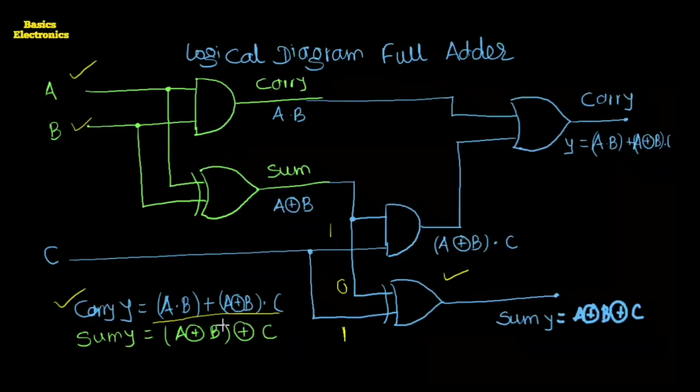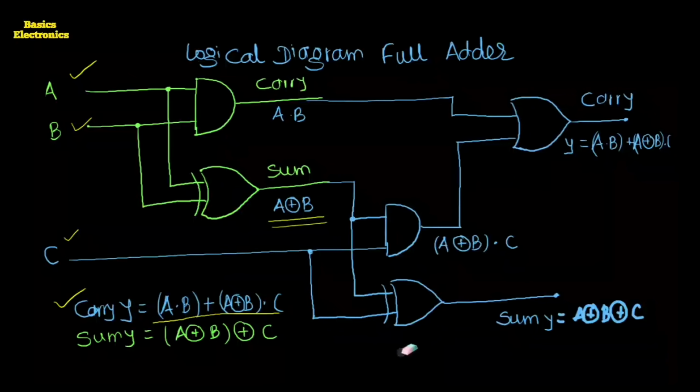Okay, the sum of the first two binary bits obtained from the first half adder is applied to the second half adder. The sum obtained from the first half adder, A XOR B, is applied to the second half adder along with the input C. It produces the sum output and the carry output.